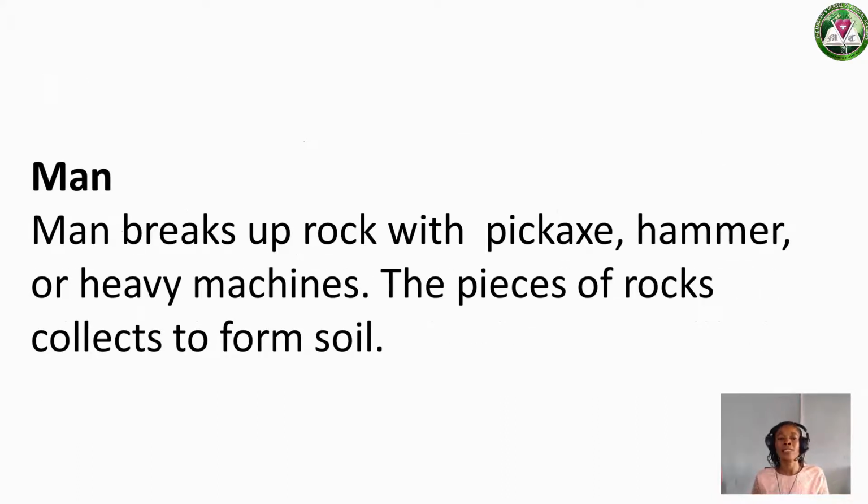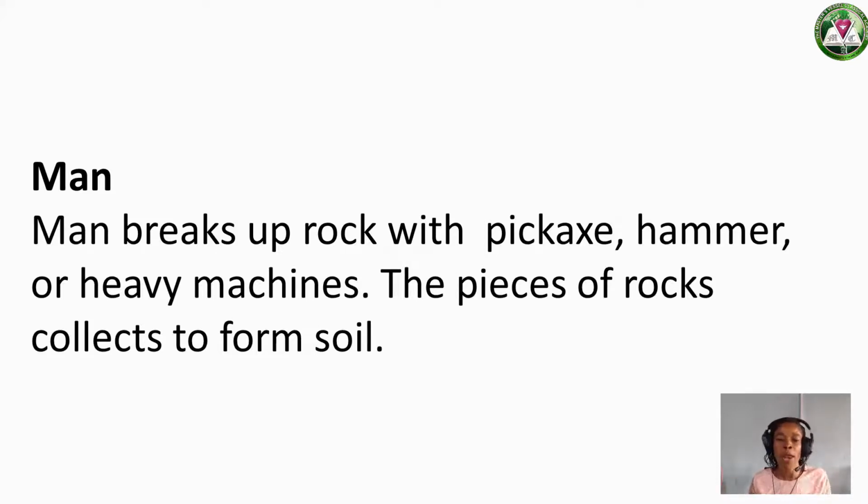Now, man, how do you think man can help to form soil? Man breaks down rocks. Man carries out some activities that help soil to be formed. They break rock. They carry their pickaxe. They carry their hammer. They can even go with heavy machines like plough and all that. They will go and break up rock with their pickaxe. As they are doing that, pieces of those things will just be scattering around.